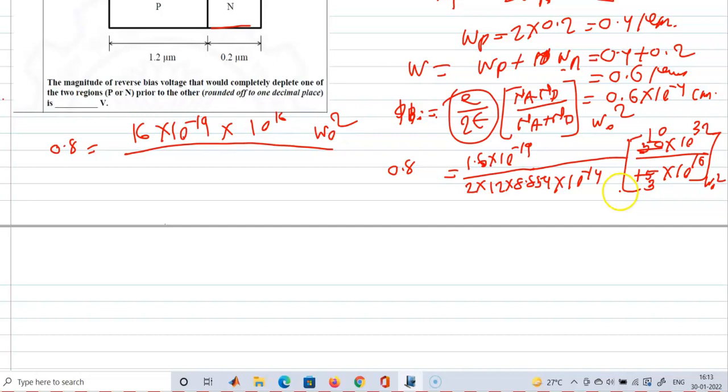So 12 into 2 is 24, 24 into 3 is 72, 72 into 8.854 into 10 to the power minus 14.